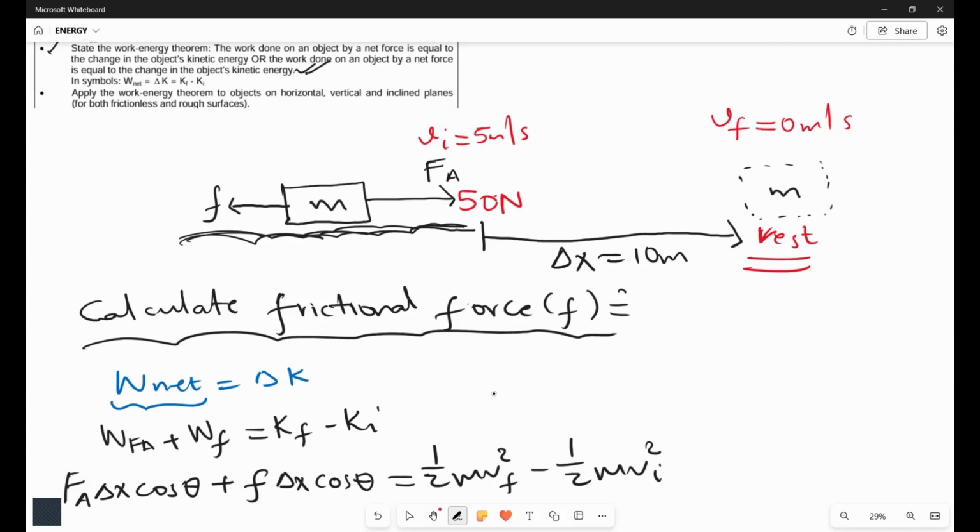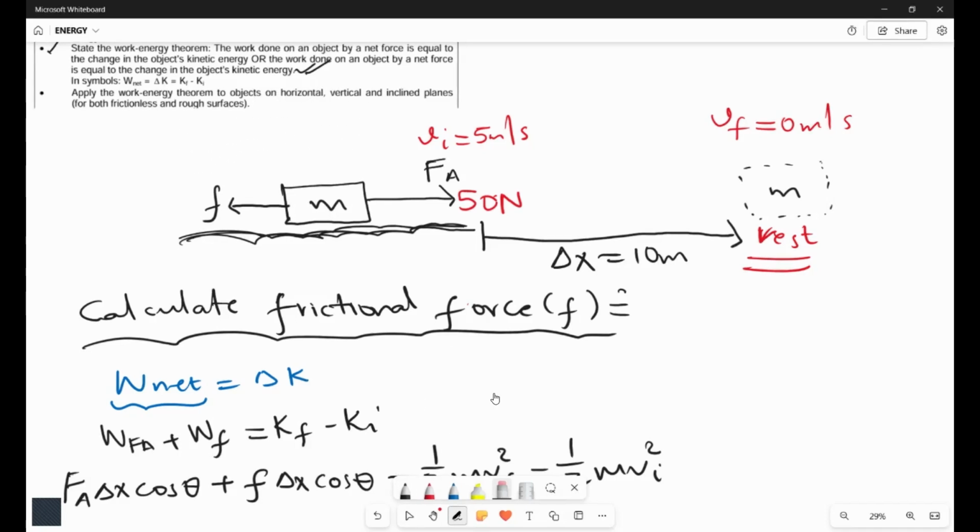Because friction by definition is a force that always opposes the motion. If our object were to move in that direction, then our friction is going to move in the opposite direction. So frictional force is always 180.